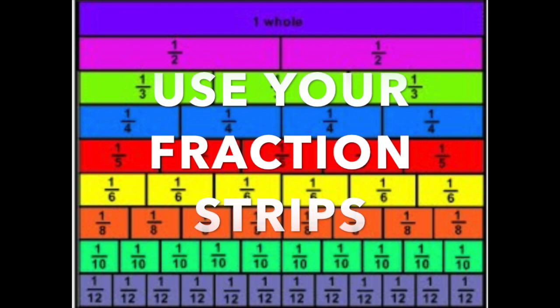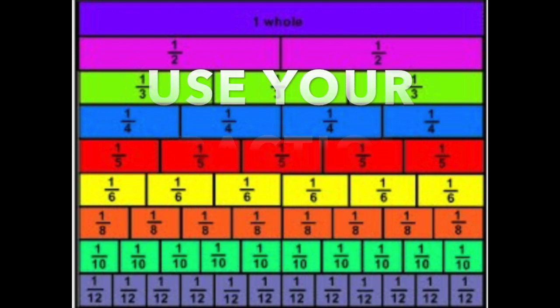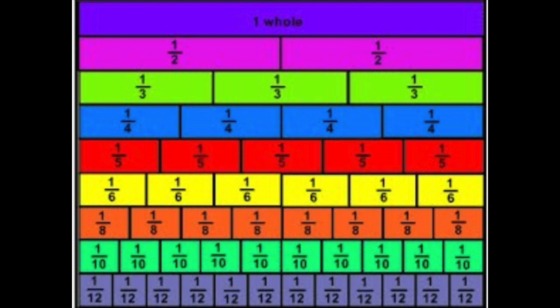And for today's work, you're going to be using your fraction strips. If you would like to use the one that I've put up here as a picture instead, that is definitely okay as well. For this one, I'm going to let you do it mostly on your own, because what you need to do is look at that fraction strip, add up the fractions so that you can compare it.